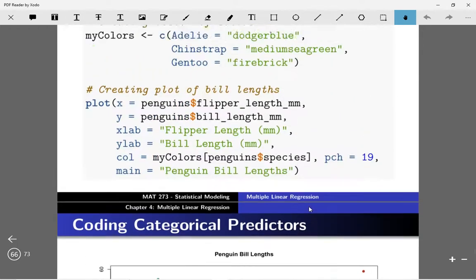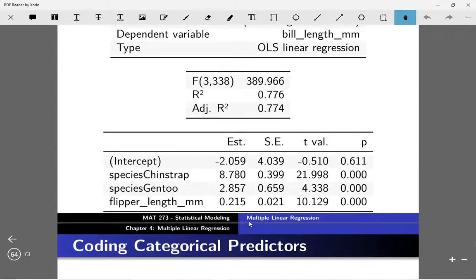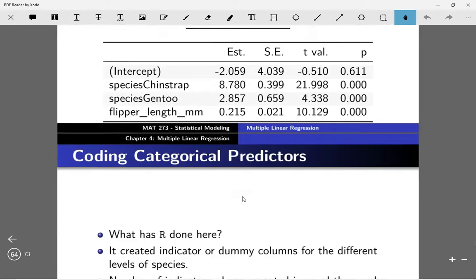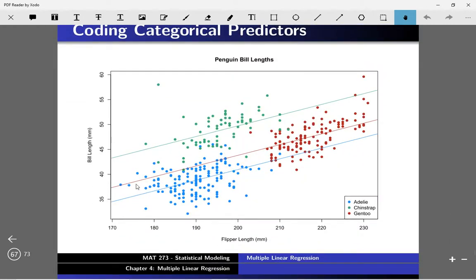And if we look at the regression output, we see that, yes, species Gentoo is about 3, 2.857. So this value, 2.857, is exactly this vertical distance between these estimated regression lines. I just wanted to point that out, how you can visualize the effects of a categorical predictor in this way.